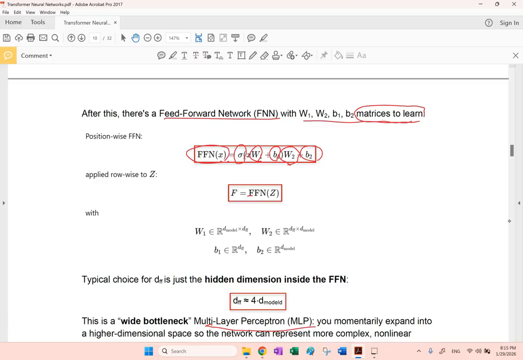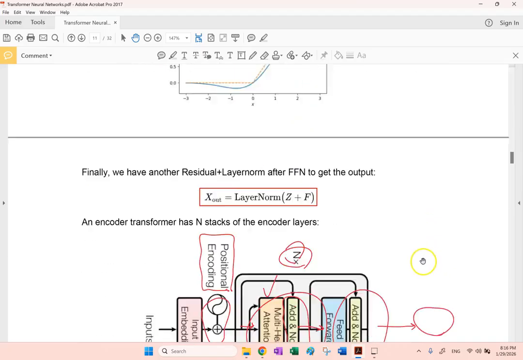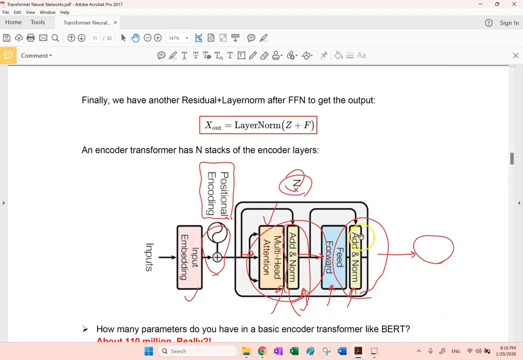And once you have the output of that feed-forward network, you can call it F. Then that F is going to go to another add and another norm, okay? So this F is going to be added to its input, which you call Z. So that's the adding part. Then take a layer norm and finally get the X output.